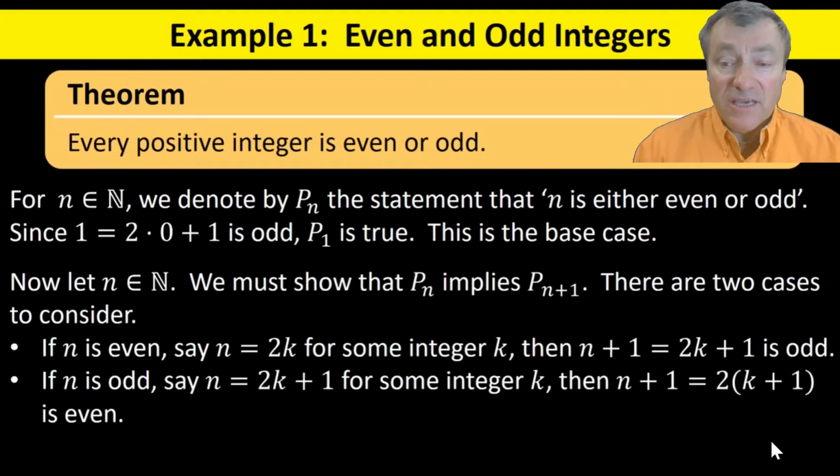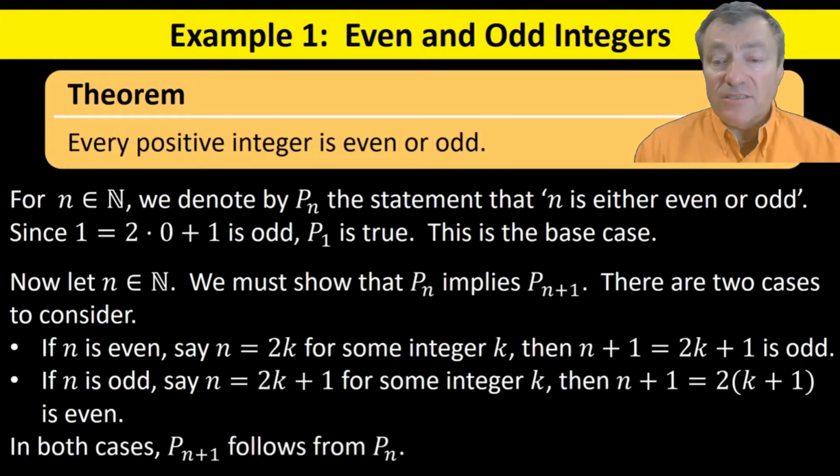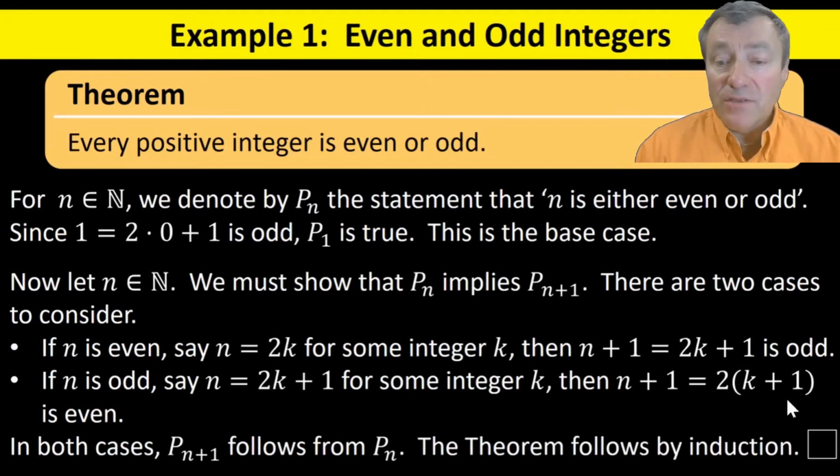And in this case, n plus 1 is twice an integer, 2 times k plus 1, which is even. The point is that in both cases, Pn plus 1 follows from Pn. So we've now satisfied the inductive step. Putting that together with our previous step, this says that our theorem follows by induction.